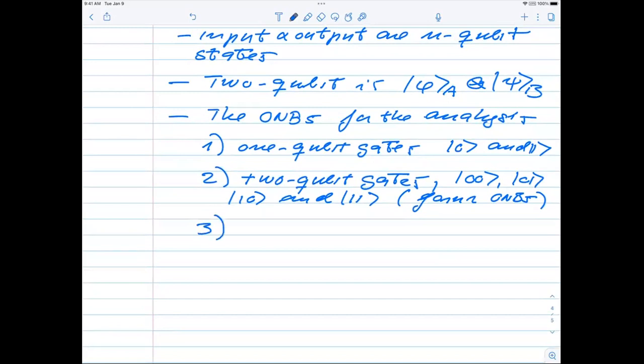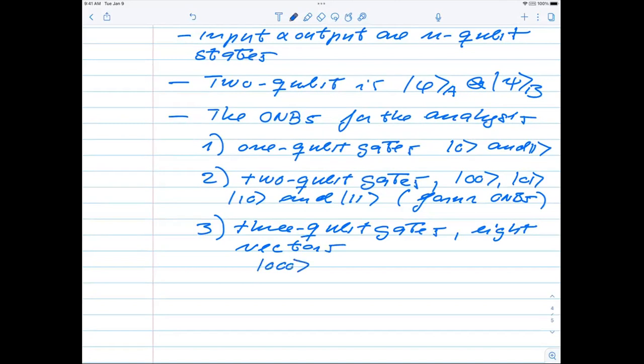And then we have 3 qubit gates. In this case, we will have 8 vectors. And just to give you an example of one of them, 0,0,0 is going to be the tensor product for system A with a qubit in 0 in system B and a qubit 0 in system C.